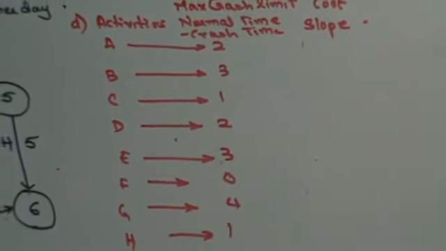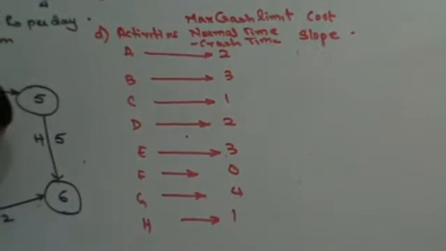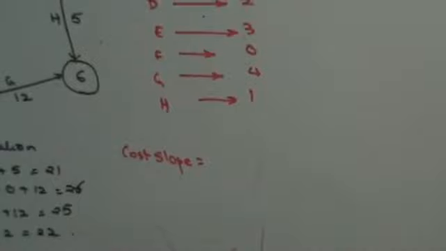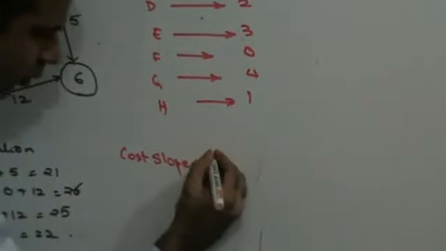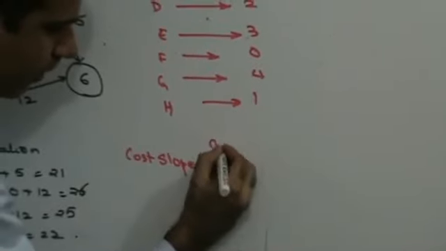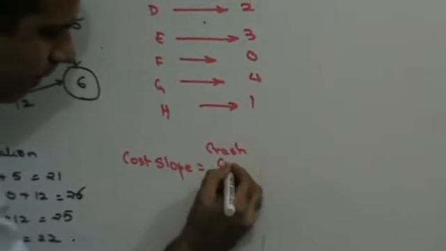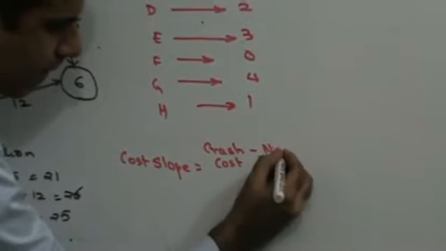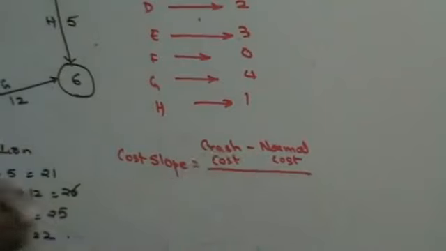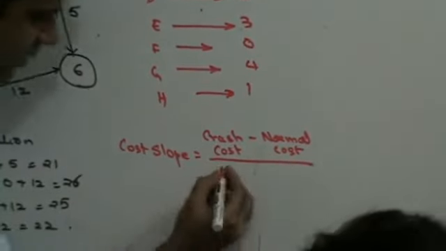Next, the next thing I need to find out is cost slope. I'll write the formula for cost slope here. Cost slope is given by the formula crash cost minus normal cost upon normal time minus crash time.